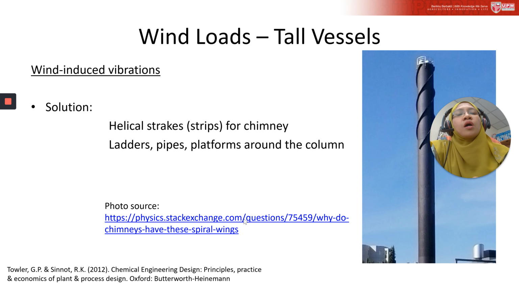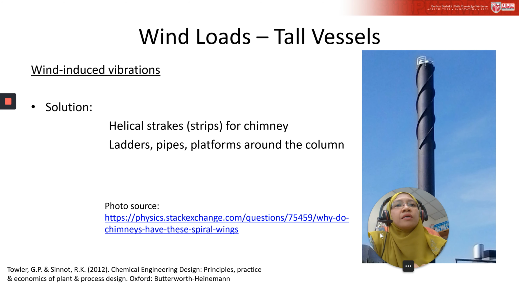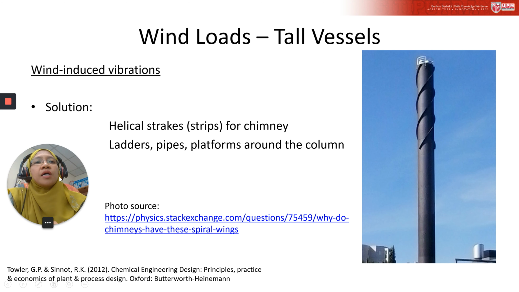So how does common practice solve it? An example of this photo is taken from this website, and it is by using helical strakes. We know that a chimney normally has to be high in order to avoid air pollution to humans and living things.